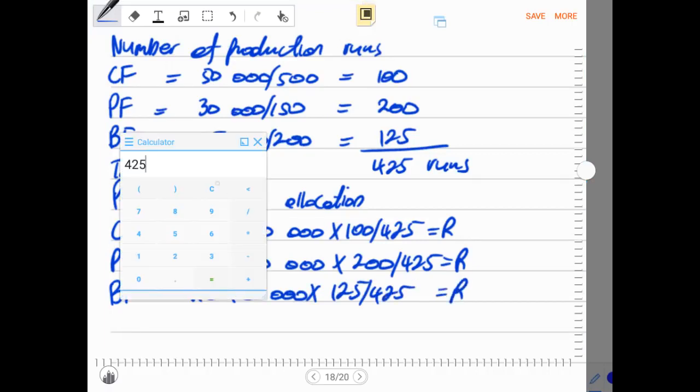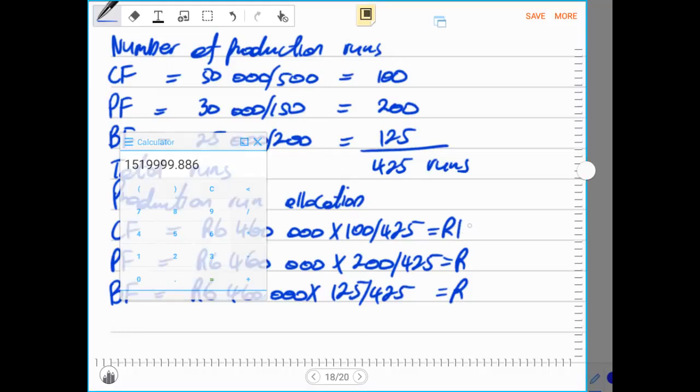So now we do the allocation. 100 divided by 425 times 6,460,000 is 1,520,000.